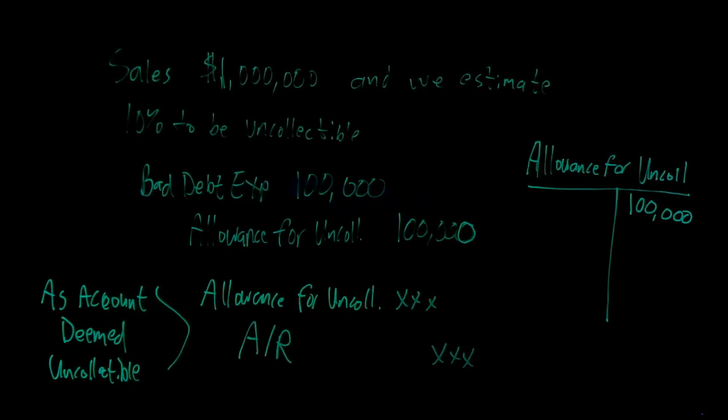So what we did is we filled up this bucket with $100,000. And then as accounts become uncollectible, we just take it out of the bucket, take it out of this $100,000.